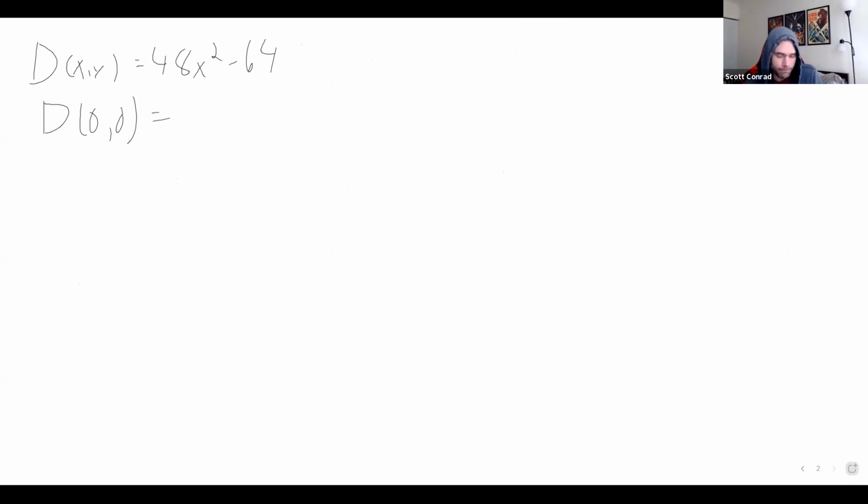The discriminant at 0, 0 is going to be 0 minus 64, which is negative 64. And we know if our discriminant is negative, there's nothing more we need to do. We know it has to be a saddle point, so neither a local min nor a local max. Nice and easy.